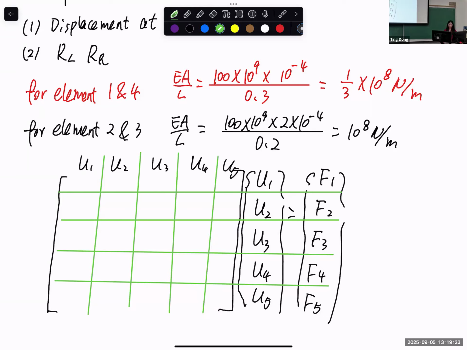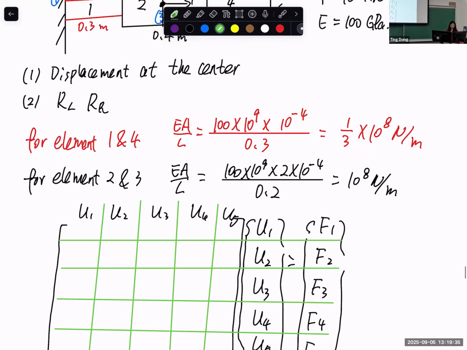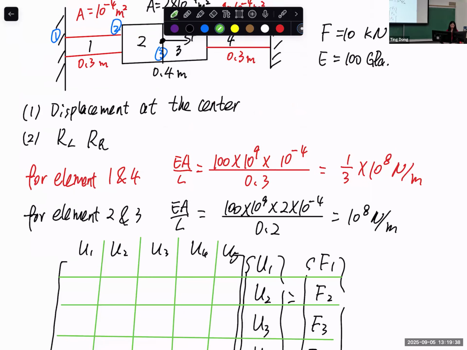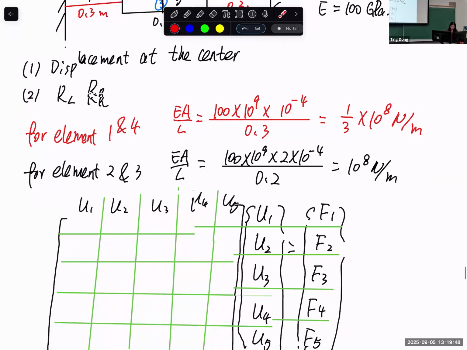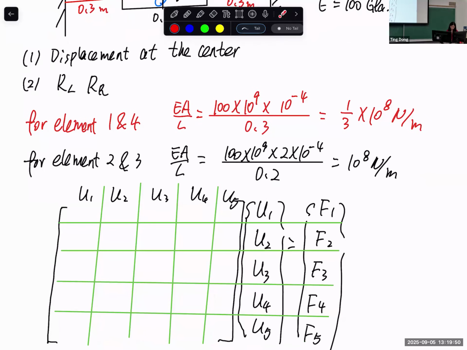Now let's see how to write this 5 by 5 matrix. Start from element 1. What are the 4 components? Where are the locations of the 4 components? 1 and 2, right? Since element 1 is connected to node 1 and node 2, in the matrix it should be these 4 components.